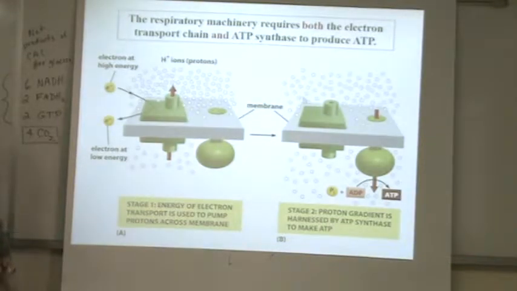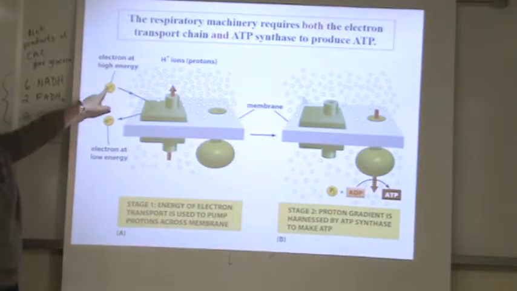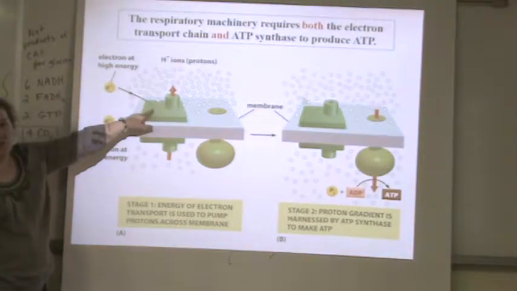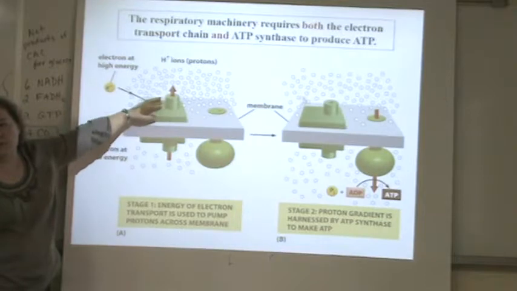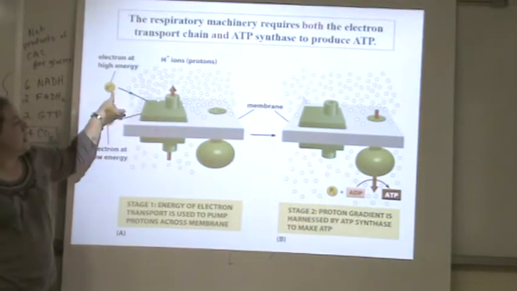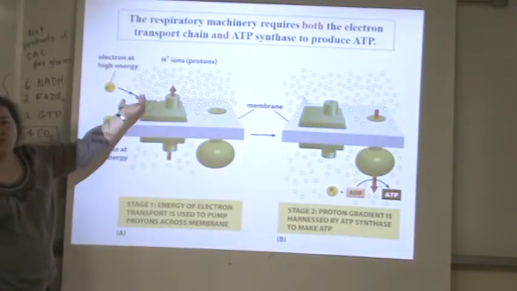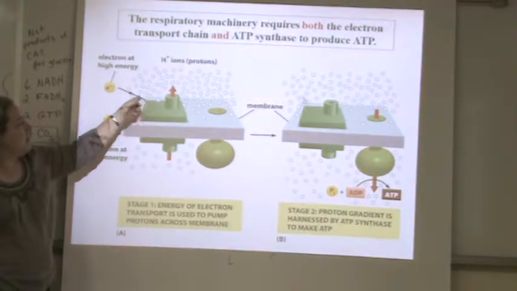And these proteins can do three cool things at once. They can receive electrons from a donor. Some molecule is going to give them electrons. And when they get the electrons, they become reduced. That's a thing that you've heard of before.